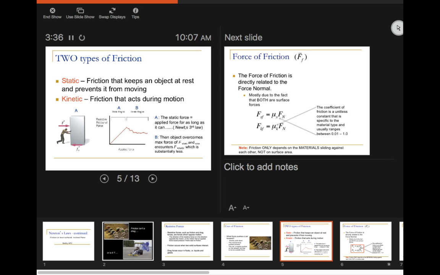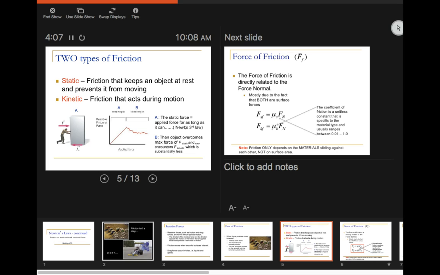So we need to write down the two types of friction. Static friction is the friction that keeps an object at rest. That's what I want you to know for static friction. When we do calculation problems, we've got to keep track of who's static and who's kinetic. That's the big one. Static means I'm not going to let you move.